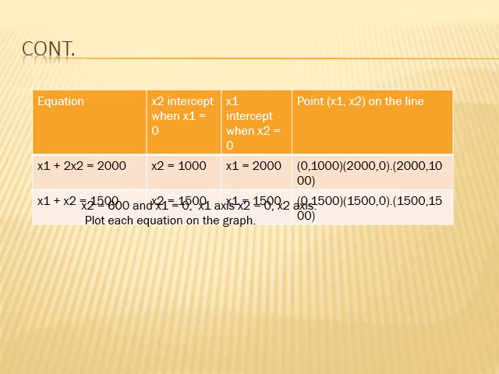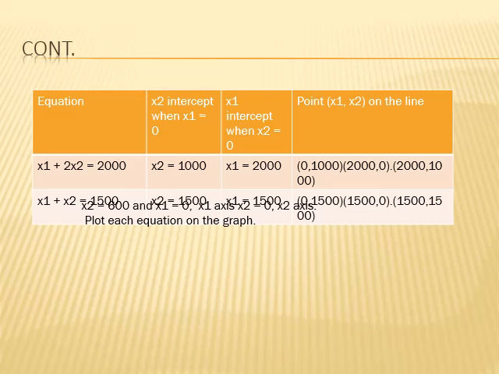If x2 equals 0, then x1 equals 2000. So the points are 0, 1000 and 2000, 0. So the common point is 2000, 1000.